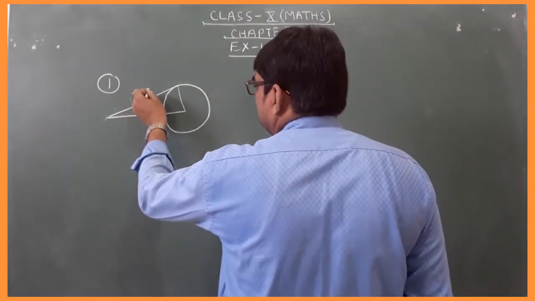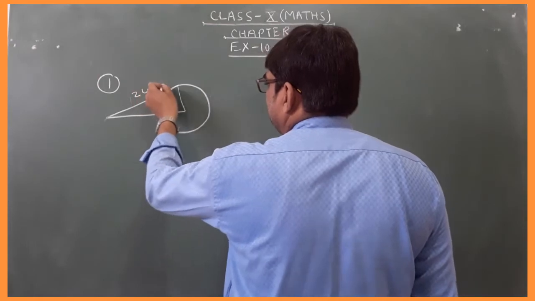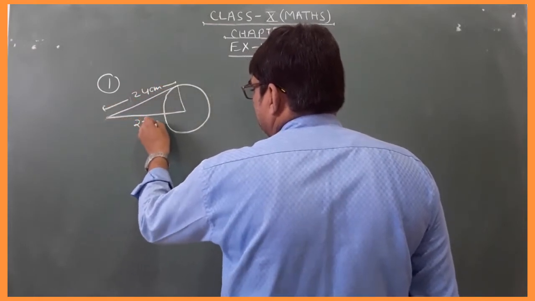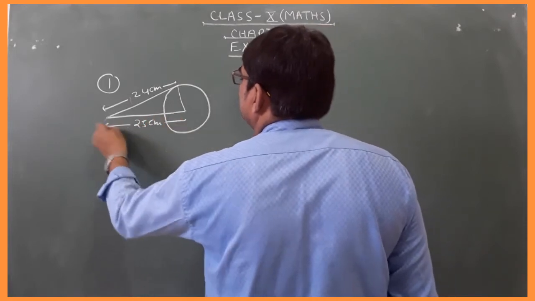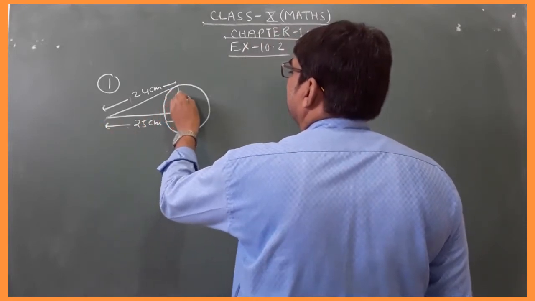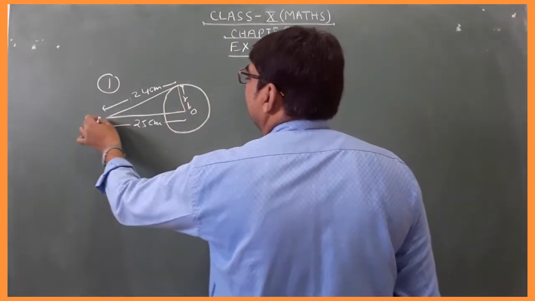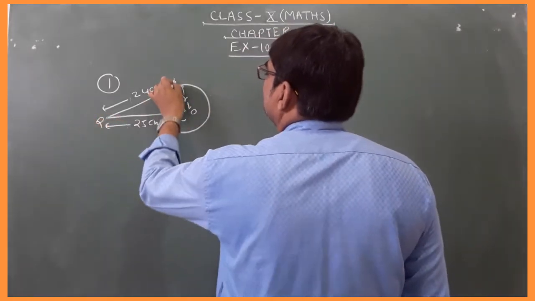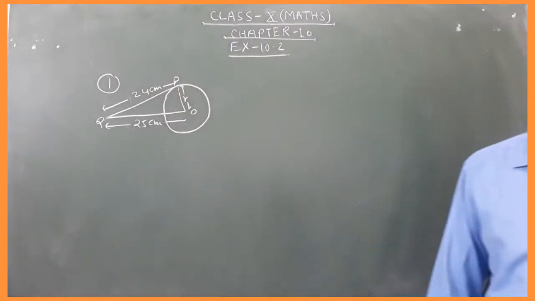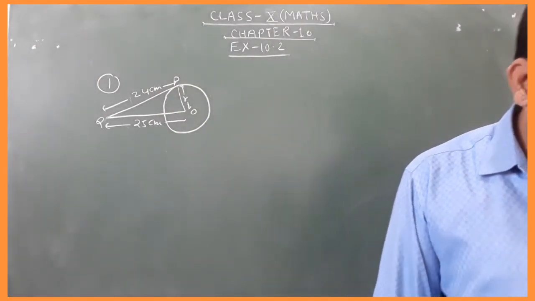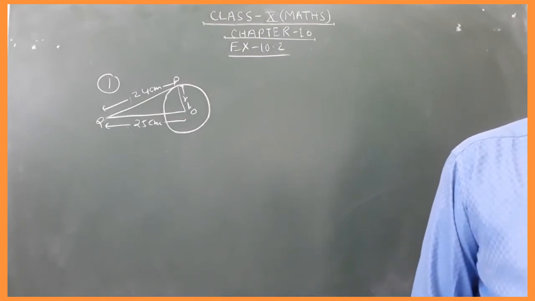This is 24 centimeter and this is 25 centimeter. Find the radius OQ P. So the radius of the circle is what?